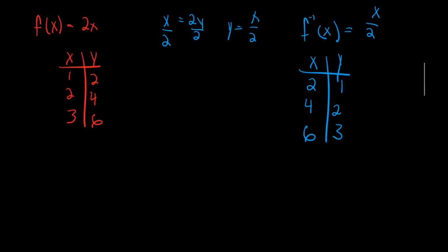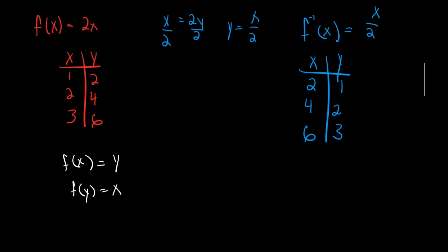Okay, let's also see it this way. We have f of x is equal to y, and we want to find the inverse. We're going to first switch our variables. So we have f of y is going to be equal to x.